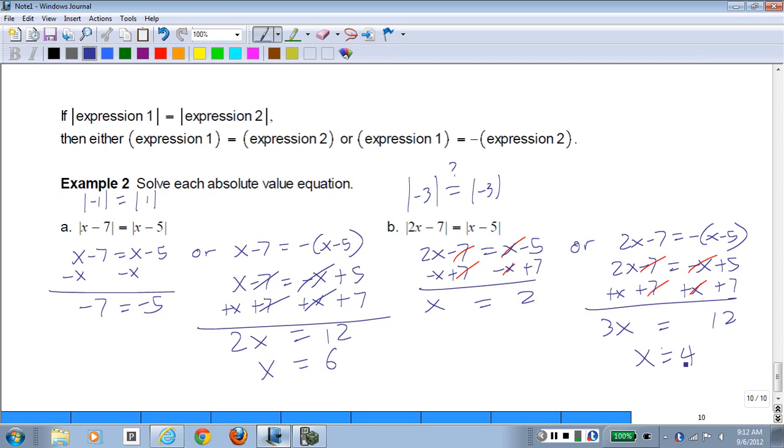What does 4 do to both sides? 2 times 4 is 8. 8 minus 7 is 1. 4 minus 5 is -1. So 4 does not make the expressions have the same value, but it makes them have the same absolute value. So 4 makes it true as well. 2 solutions here, 2 and 4, whereas this one just had the 6.